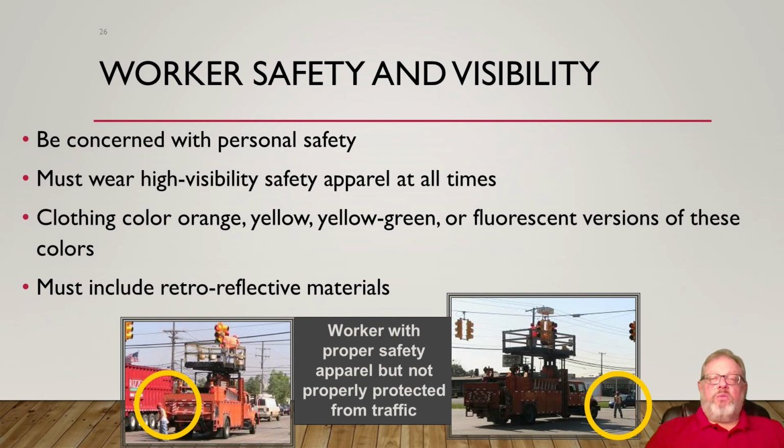As I've mentioned before, orange, yellow, green, fluorescent versions of those colors, they need to be clean. They need to be observable by the people that are road users, that are driving vehicles. You've got to have retroreflective materials, not just on the cones, but on the Class 2 and Class 3 vest as well. It's really important.